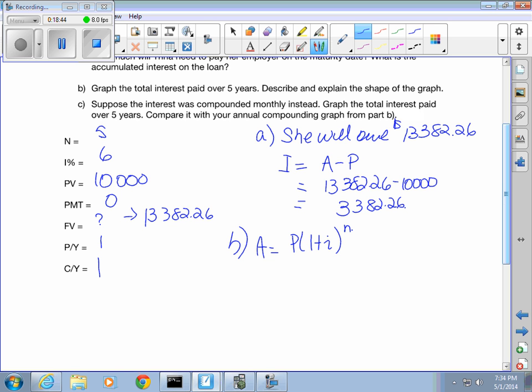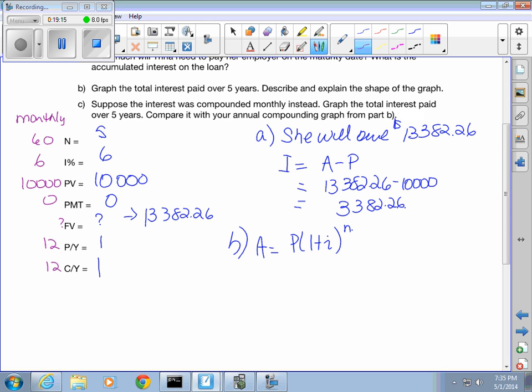So to do this monthly, if she's doing it monthly, then instead of having 5 pay periods, she'd have 12 over 5 years, so that'll be 60. Her interest is still 6%. She still has a present value of $10,000 that she borrowed. She's not making any payments. We're going to find her future value. Payments per year is 12, and compounds per year is 12.